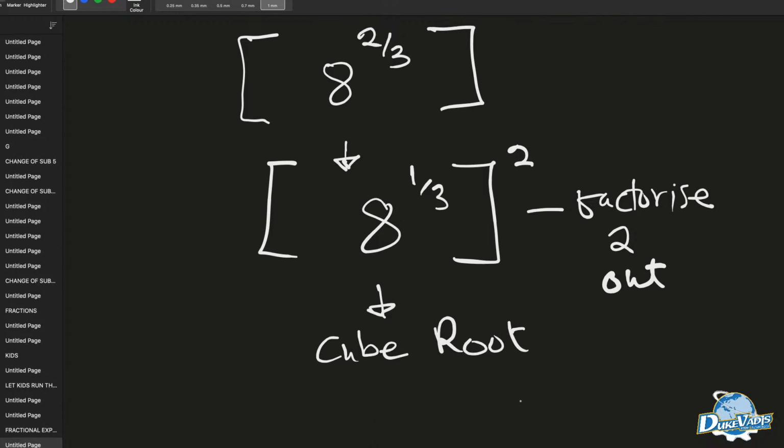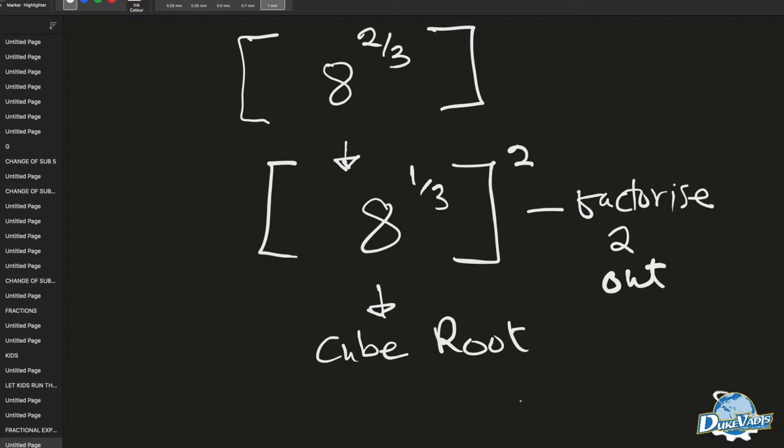Well, friends, it's becoming interesting. And when we look at this, what numbers, when we multiply them, will give us 8? I think it will be 2.